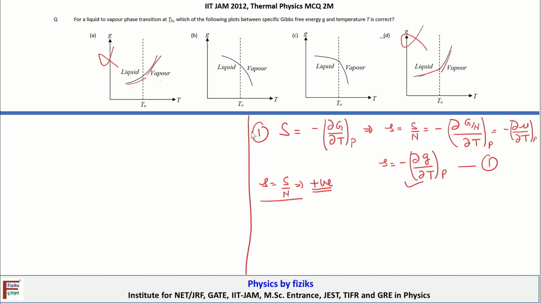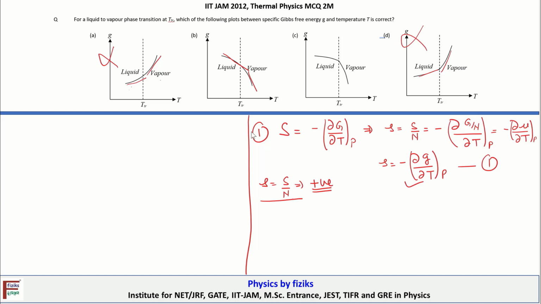So now we are only left with two options, B or C, and we have to identify which one of these two is correct. Both of these curves, when moving from liquid to vapor phase, have a negative slope. Negative slope means if you draw a line tangent to these curves, these lines lie in the second quadrant.